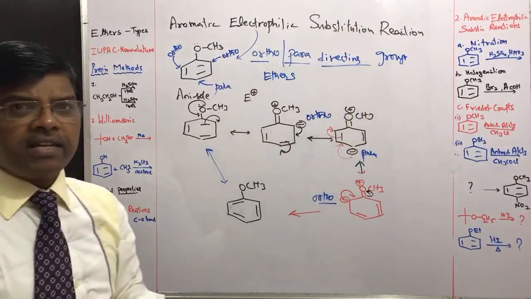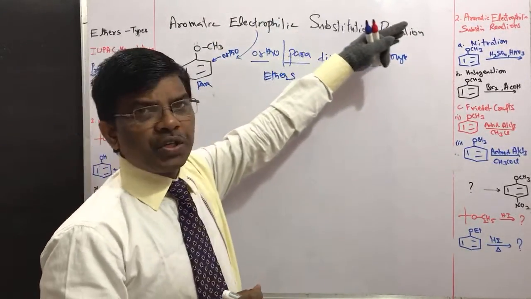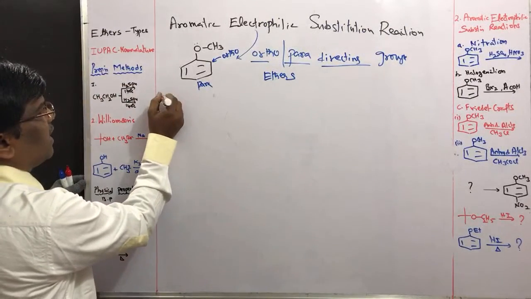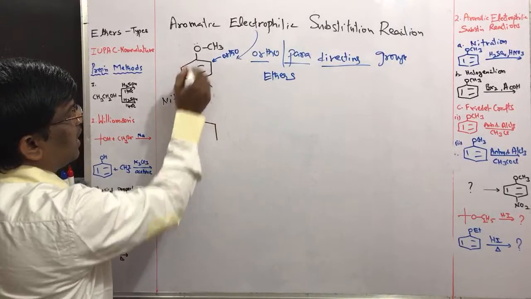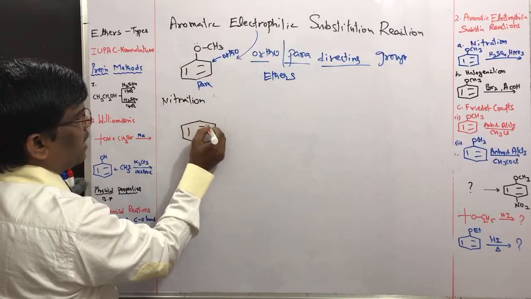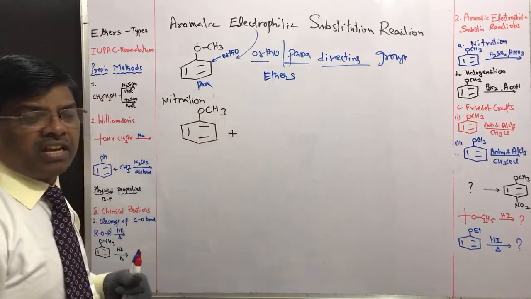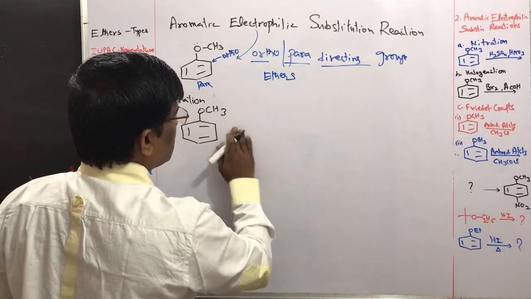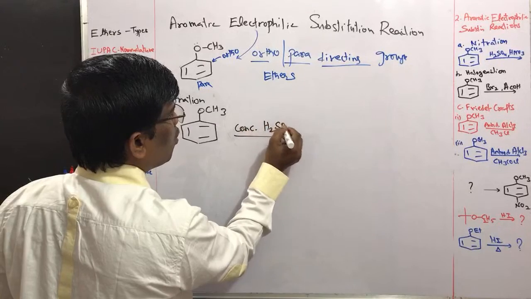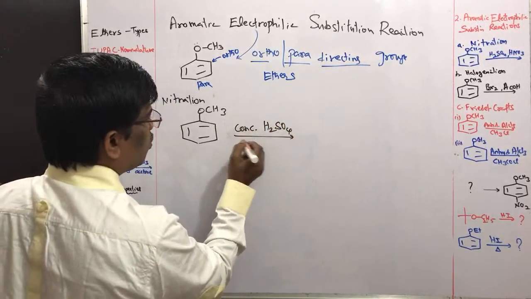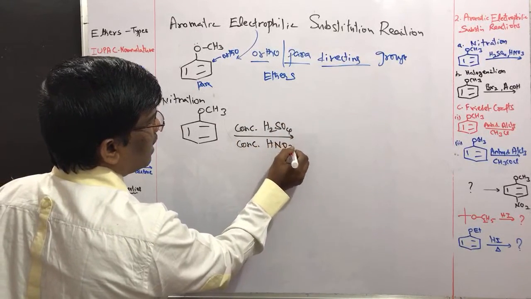Let us take one example and see. The usual electrophilic aromatic substitution is nitration. Let us take nitration. Take anisole as the starting material. And what is the nitrating mixture? Concentrated sulfuric acid, 2 equivalents, and concentrated HNO3.